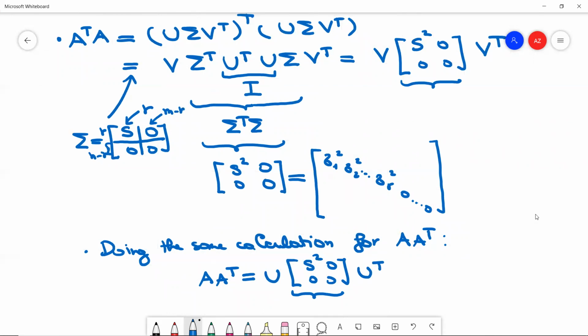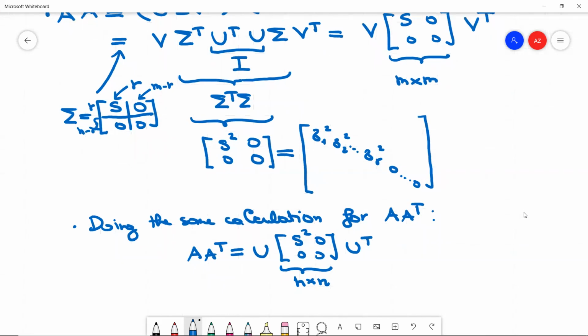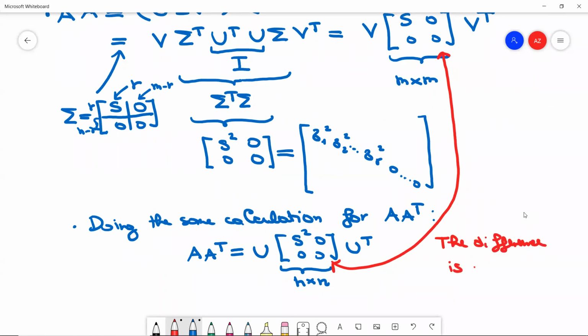Here we had sigma transpose sigma, so this was an M times M matrix, but here we would have sigma times sigma transpose, and so this would be an N times N matrix. So the difference is only in the dimensions of the zero blocks.